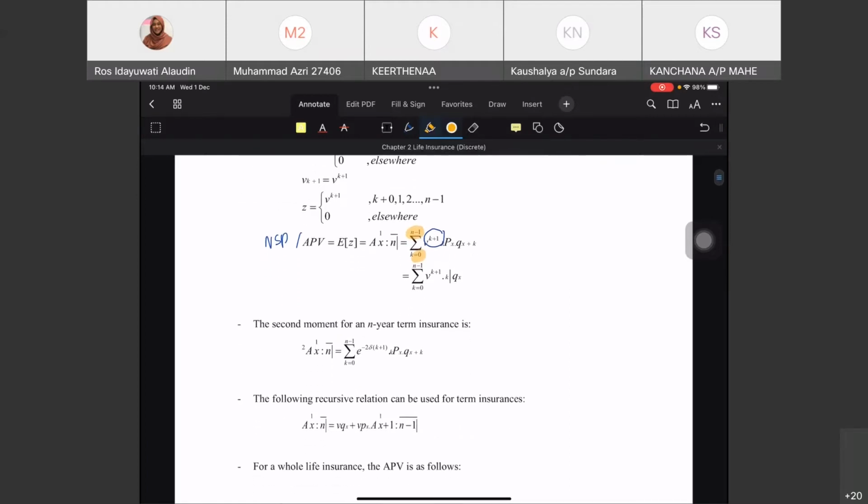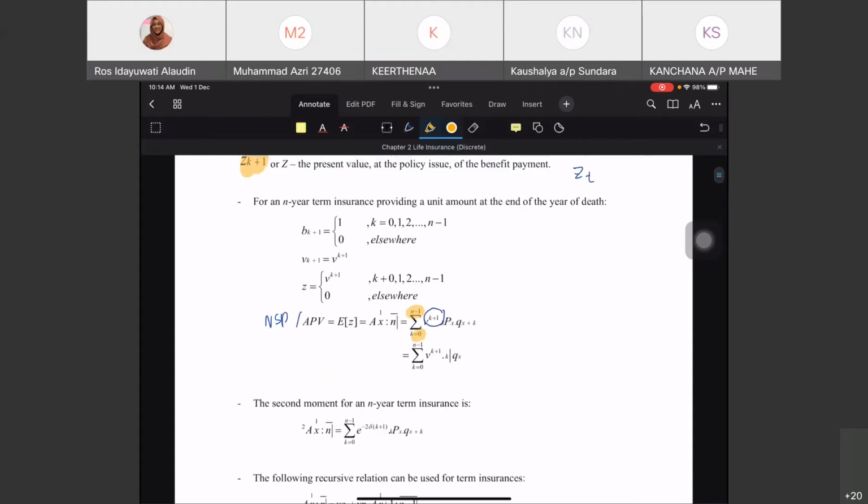Okay. For the second moment, to calculate the variance, we need the second moment of term. This is for the term insurance case, the first one is for n year term insurance. So that's why we have the limit, until n minus 1.